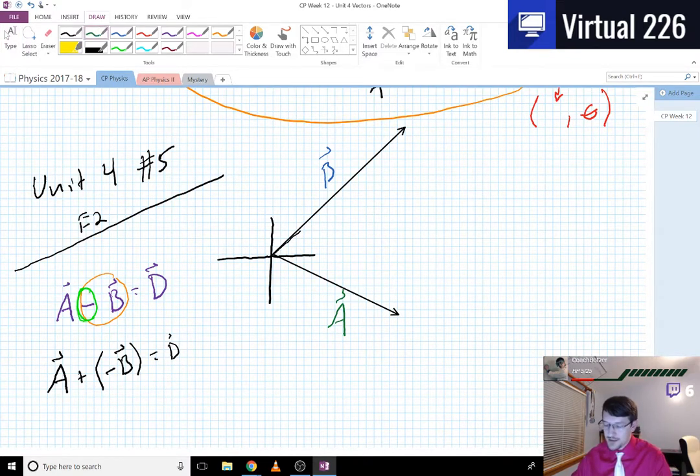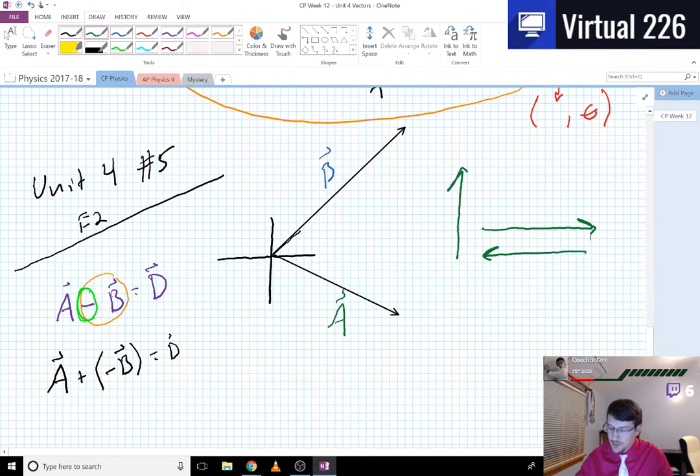Well, the negative of something is often thought of as the opposite. So how can you have an opposite of a direction? If I'm going to the right, the opposite of that is to the left. If I'm going up, the opposite of that is down. So the opposite direction, the negative of a vector, is just 180 degrees backwards.